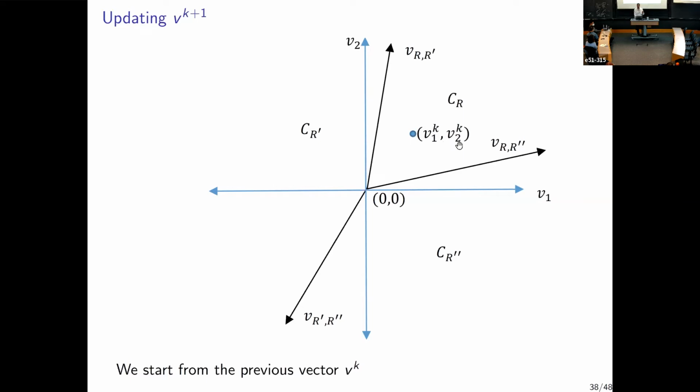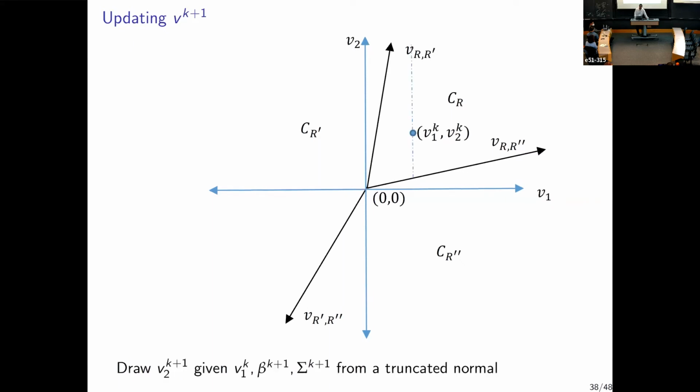This is V1 and V2, it's at this point. So the first thing that I'm going to do is say, okay, given V1k, that is this value of V1k, and given beta and given sigma, V2 is normal.